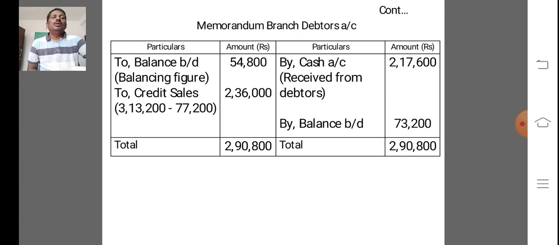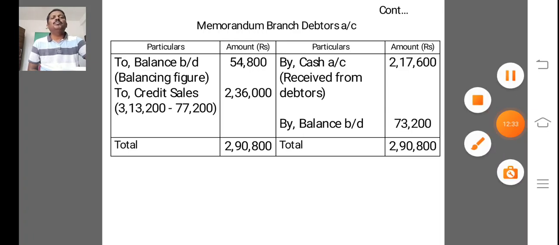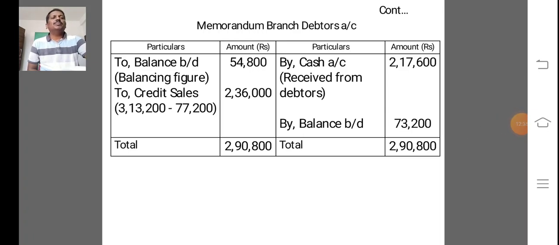By cash account, that is, received from debtors 2,17,600, by balance carried down 73,200, to balance brought down 54,800, which is the difference, the balancing figure.